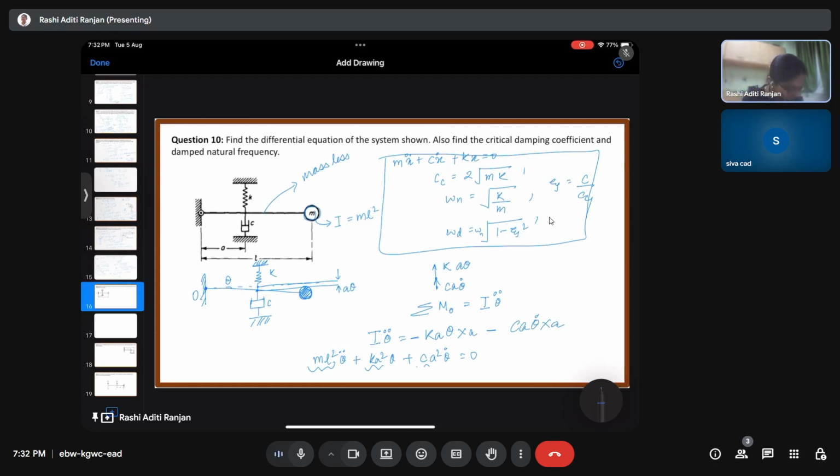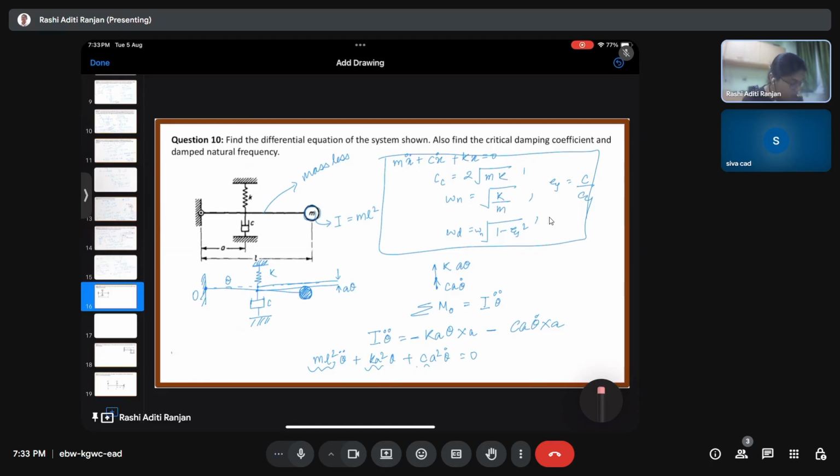So if I write Cc, it is not going to give me the correct value. Okay, so this will actually not work in this case.